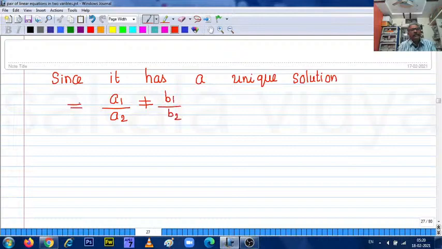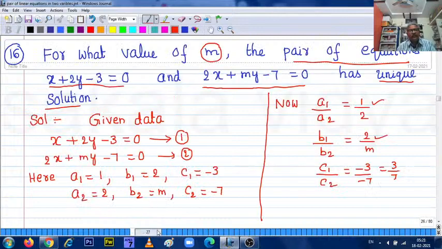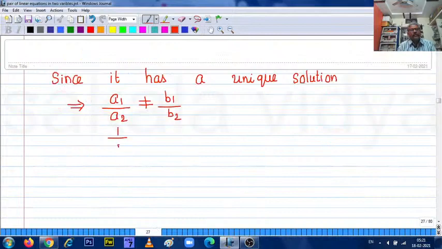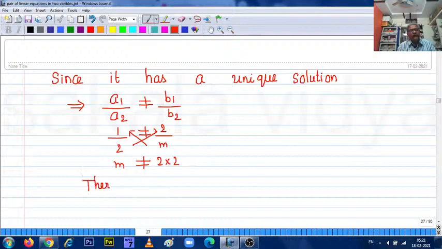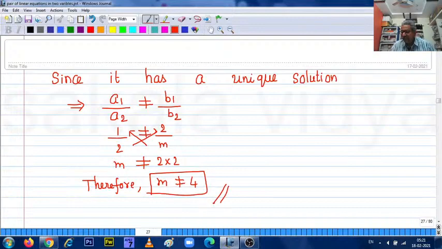This implies 1 upon 2 does not equal to 2 upon m. Cross multiplication: m into 1, m does not equal to 2 into 2. Therefore m does not equal to 4. This is the answer. So you might have understood this question now.